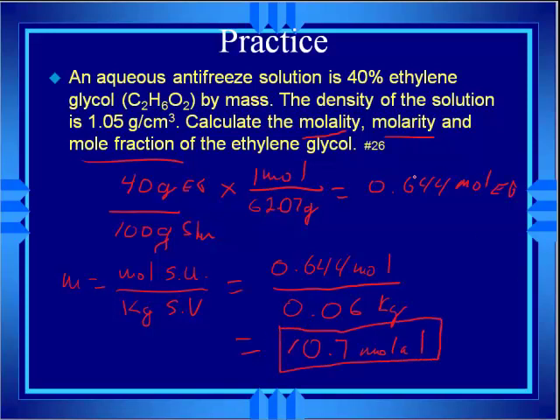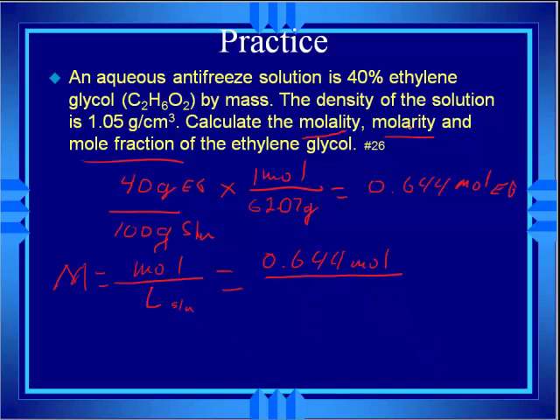All right, so there's that one. Not too bad. So I've gotten molality, I've gotten mole fraction, and the only one that's left is molarity. With molarity, I need my liters of solution. Up here I had 100 grams of solution, so I'm going to write that down. Now look what other piece of information they gave me: the density right there. So I'm going to take that density, 1.05 grams per 1 cubic centimeter.